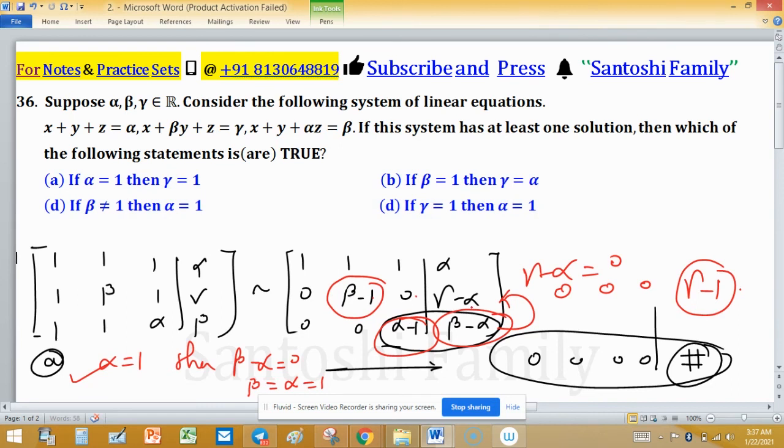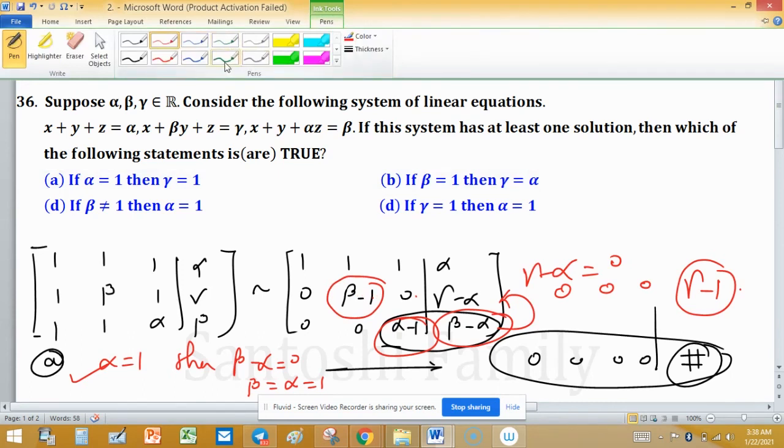Otherwise, if gamma minus alpha is not equal to 0, then this is a row of the type 0 0 0 and a non-zero value, and I already explained why there is no solution. So option B is true. Now, if beta is not equal to 1, then alpha equal to 1?